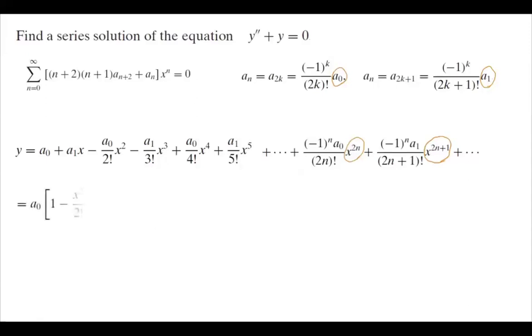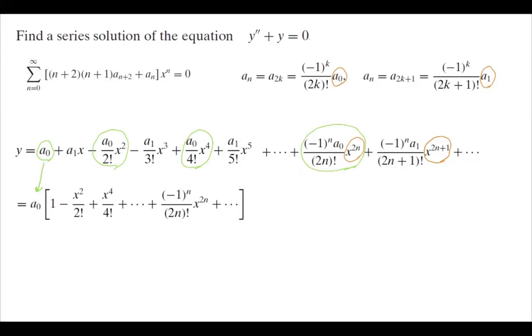So basically, if you factor out a sub 0 from these terms, you can combine them as a sub 0 times 1 minus x squared divided by 2 factorial plus x to the 4 divided by 4 factorial plus the rest of the terms. And for the rest of them, you can factor out a sub 1.